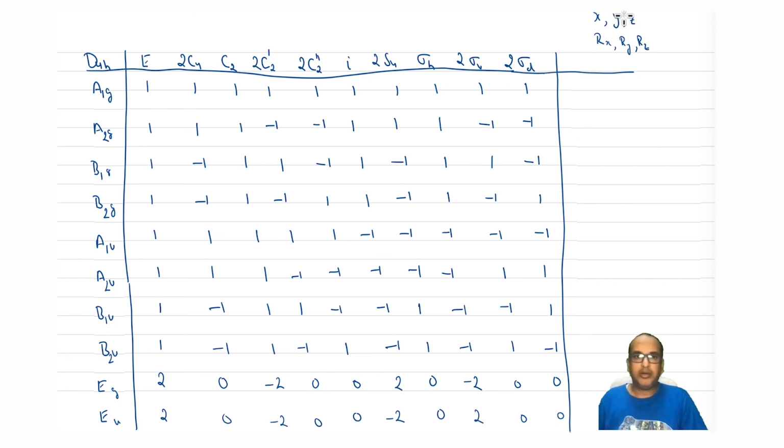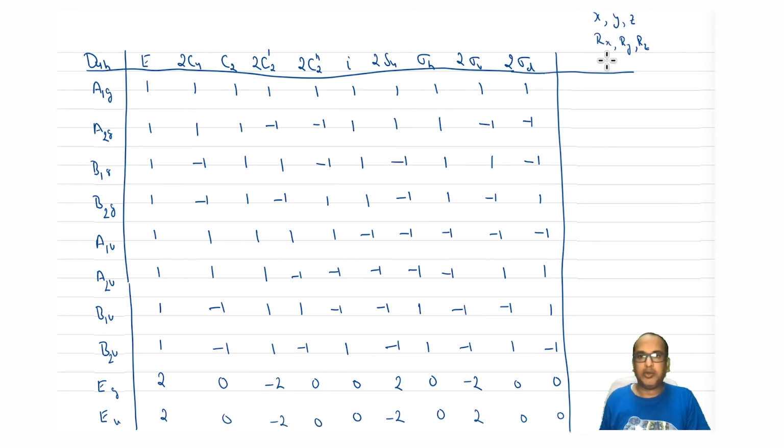This is a square planar molecule oriented where the molecular plane lies along the xy axes, so the z axis is not going to be mixed with xy for sure. Whereas because it has a C4 axis, x and y are going to be mixed, because we have already seen that there is a 2D representation. So let us work out the symbol for z first, and then we'll do it for xy.